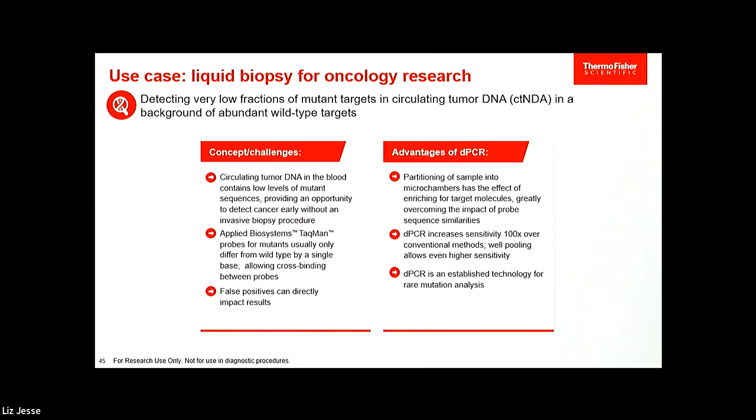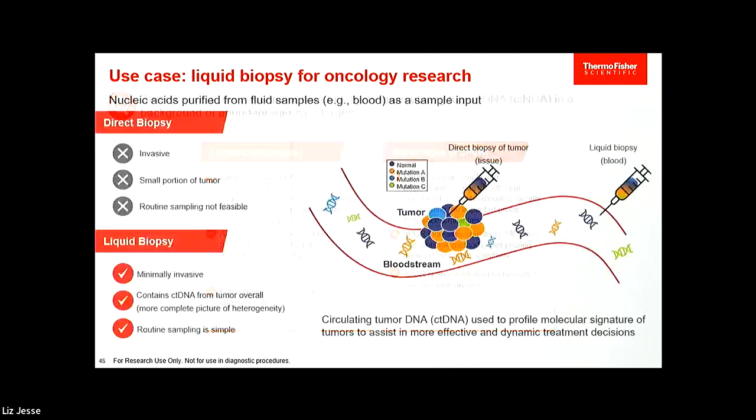This particular example is a liquid biopsy. So in a liquid biopsy situation, it allows us to monitor the shedding of the cancer cells in a patient's body. So it's a very non-invasive process. If you envision a scenario where you were taking a direct biopsy, that biopsy, wherever that needle was inserted, has a representation of just what was close to the needle.